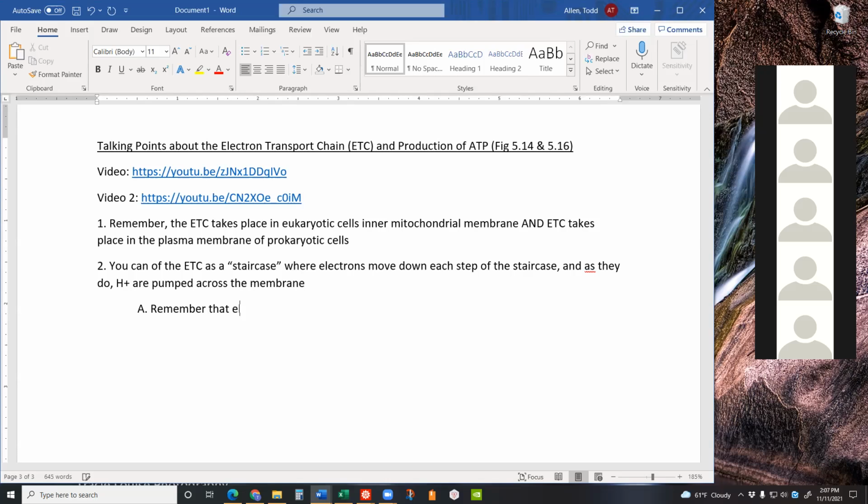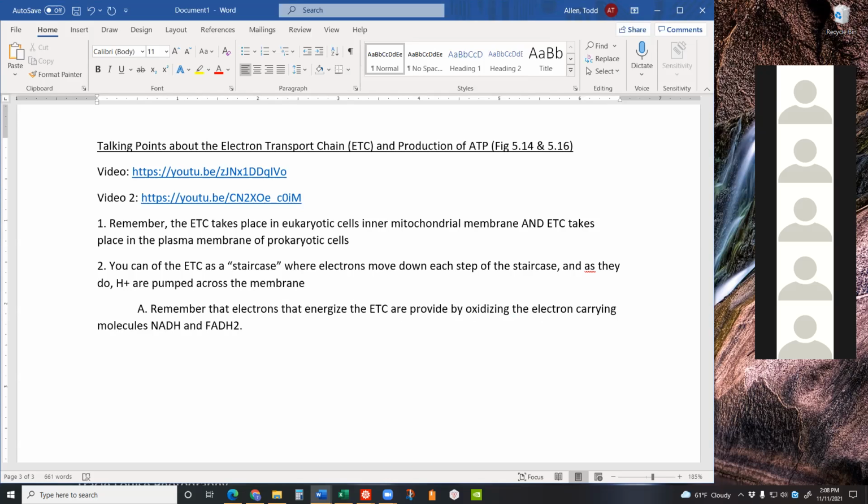Remember that electrons that energize the ETC are provided by oxidizing the electron carrying molecules, NADH and FADH2. So you oxidize these molecules, you break bonds, you pull off a hydrogen atom.